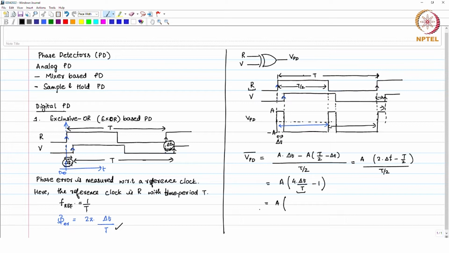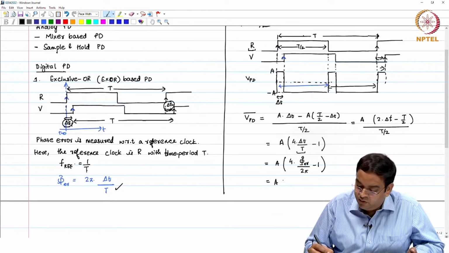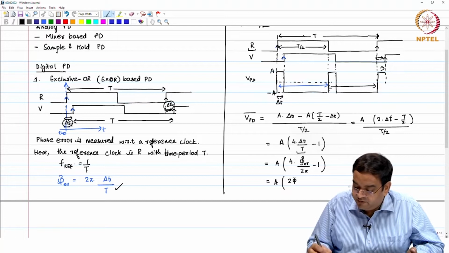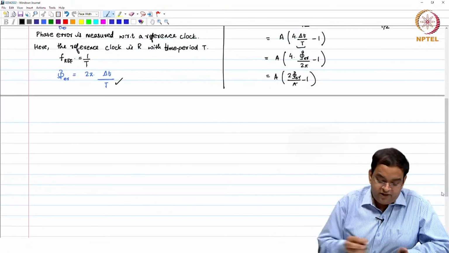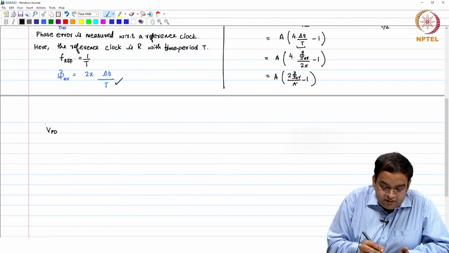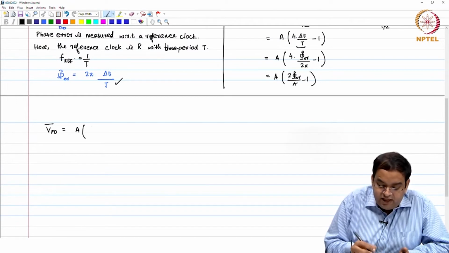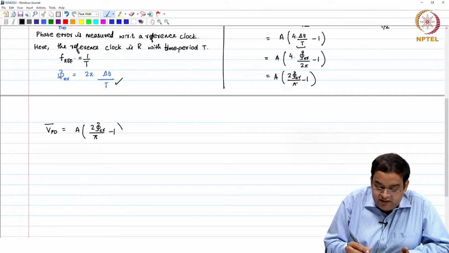So, this can be written as delta t by t is nothing but phase error by 2 pi, so 4 into phase error by 2 pi minus 1. This is equal to A times 2 times phase error by pi minus 1. Okay. So, for the XOR based phase error detector, what you see is VPD average is A times 2 into phase error by pi minus 1.